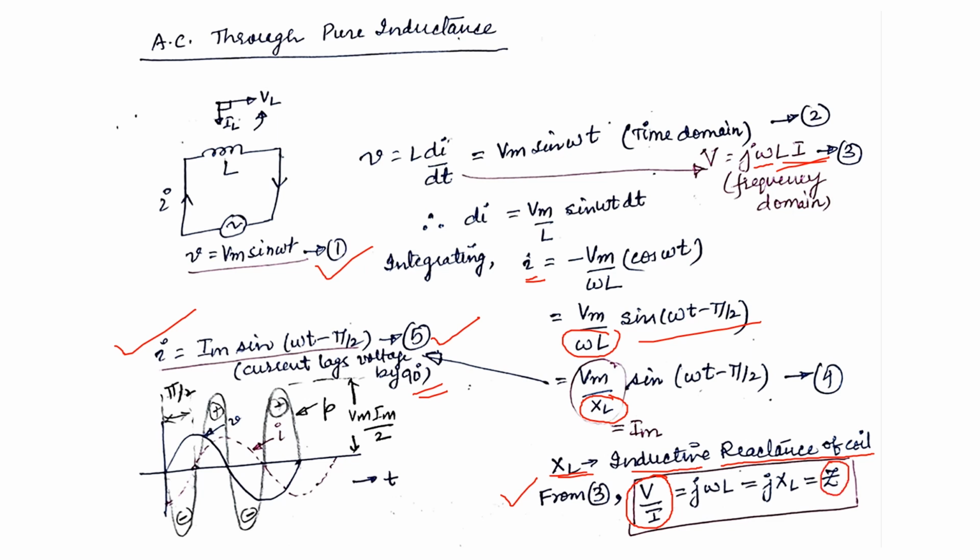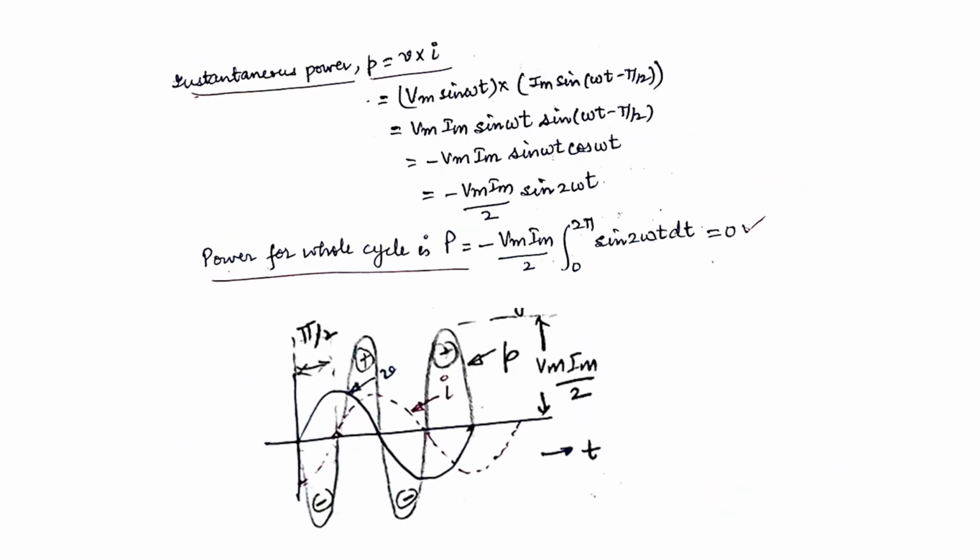Now for this circuit, which is consisting of only the inductance, we can see that the impedance is equal to XL, but we'll write it as jXL, that is j omega L. Now XL is omega L, that is 2 pi fL.